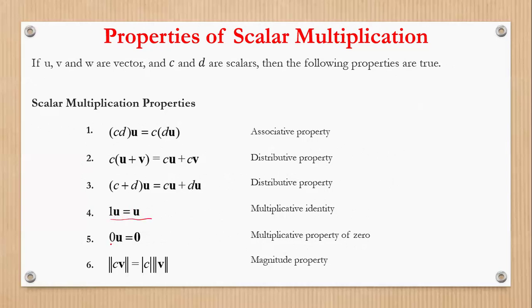But if you multiply 0 by a vector, you get the zero vector as an answer. If you have the sum of two scalars and you want to multiply them by a vector u, it's the same as multiplying the first scalar by vector u and then adding the second scalar multiplied by vector u. That's called the distributive property.